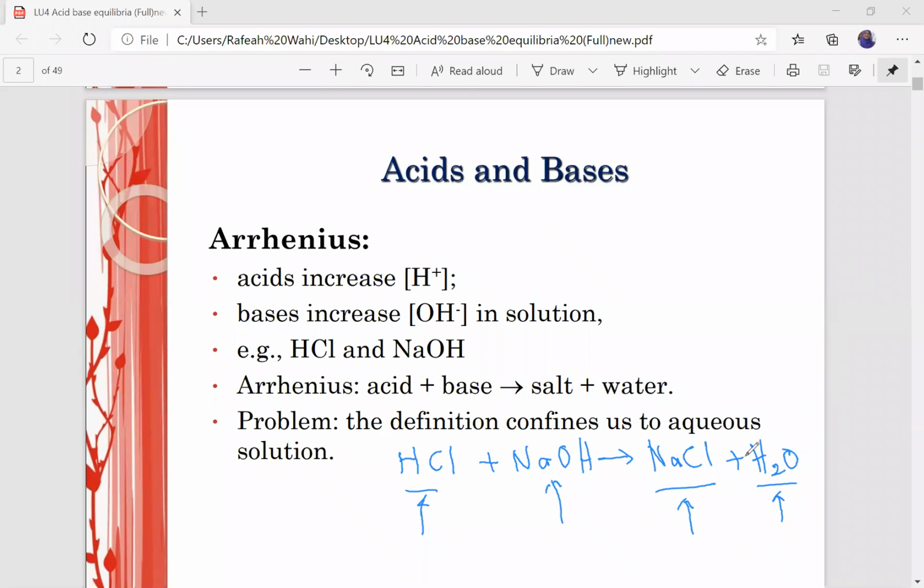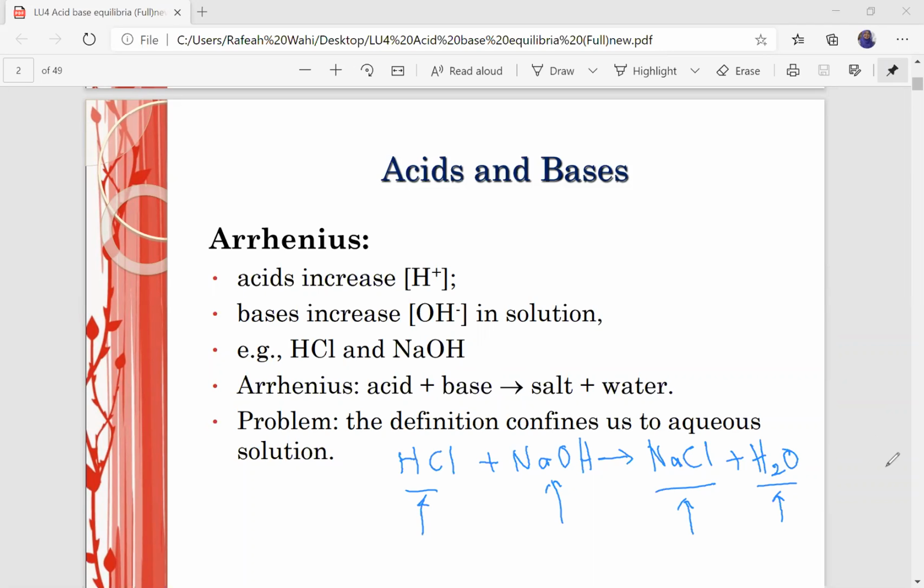According to the Arrhenius acid and base theory, an acid is any substance that can increase the H plus concentration in solution, and a base is any substance that can increase the hydroxide ion concentration in solution. So this definition is confined to the aqueous solution setting.